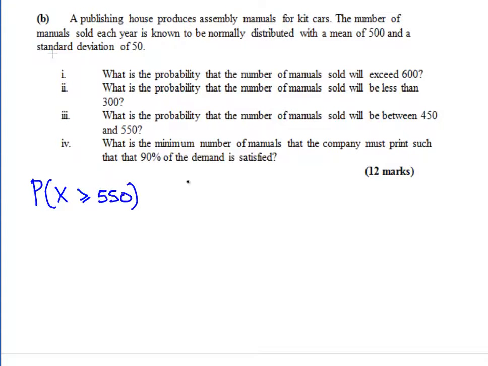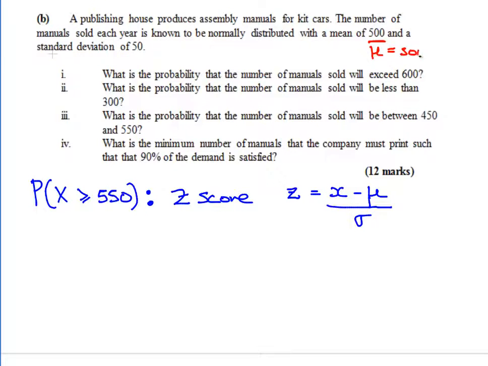So the probability of x being greater than 550. The first thing we do is compute the z-score, and that is z equals x minus mu all over sigma. Now up at the top, we remember that mu is 500 and sigma is 50, and here small x is 550.